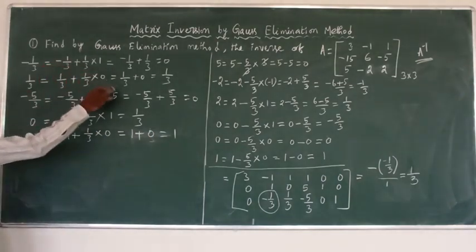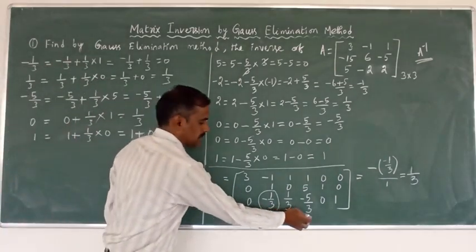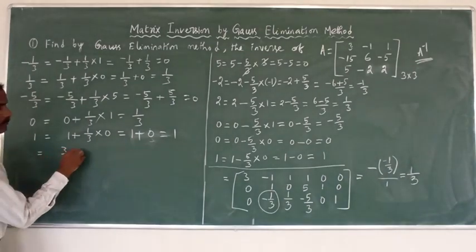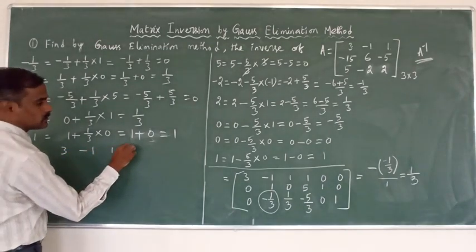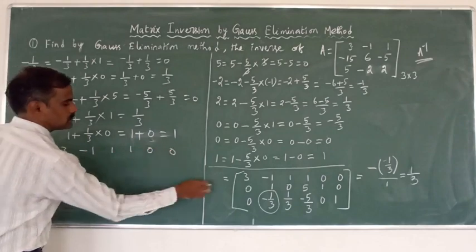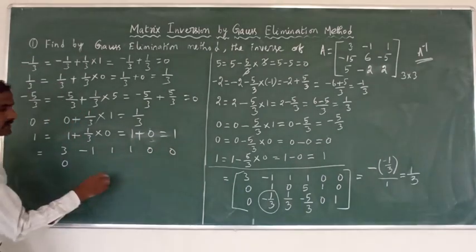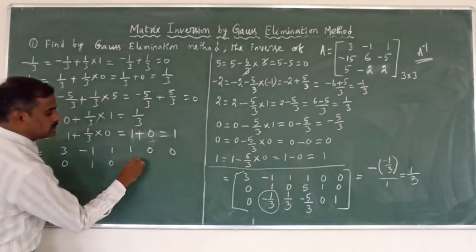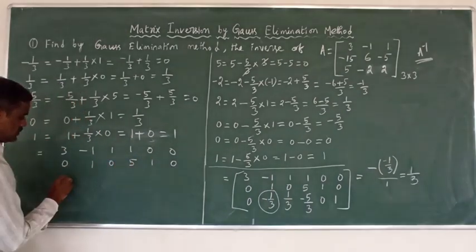Okay, all these values substitute here: 3 minus 1 1 1 0 0. This is for 0, this is for 1, 0 5 1 0 0.